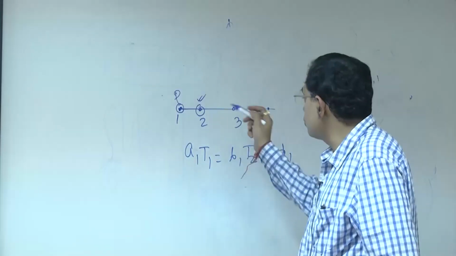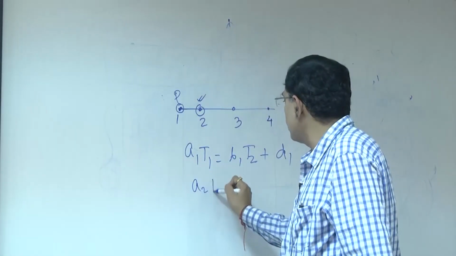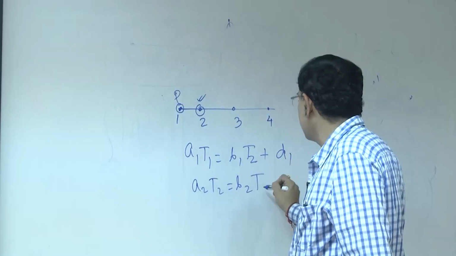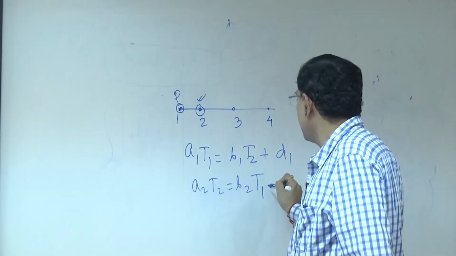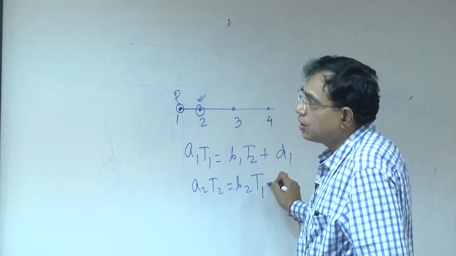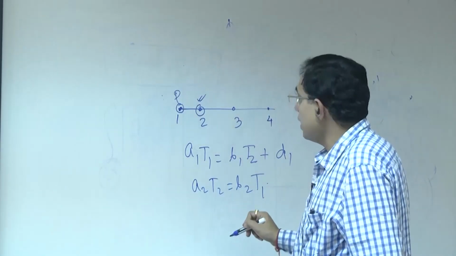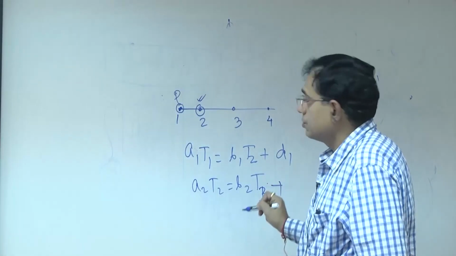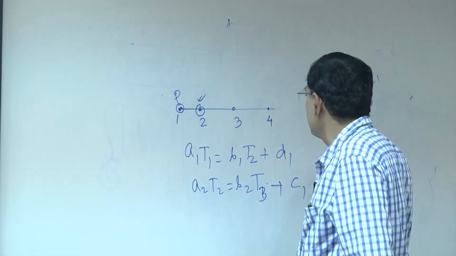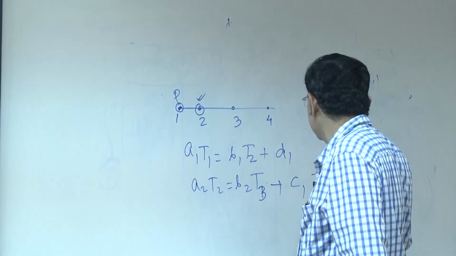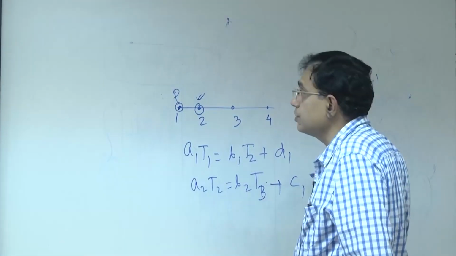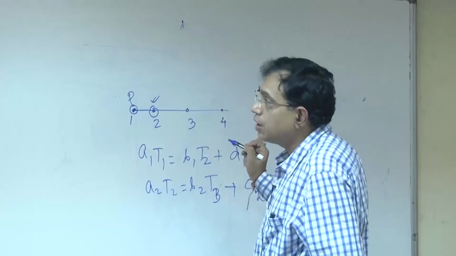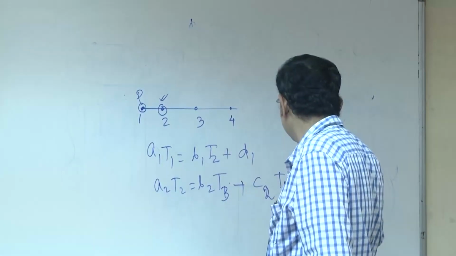For the point 2 you have A2 T2 is equal to B2 T3 plus C2 into T1 plus D2, right.